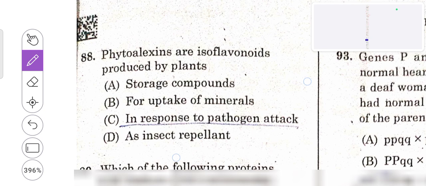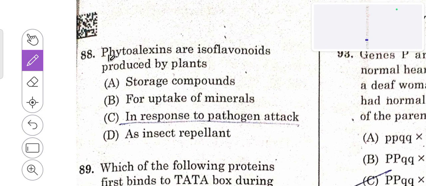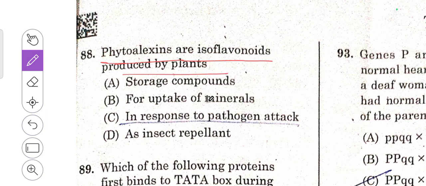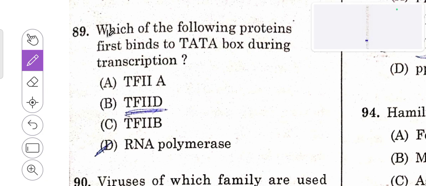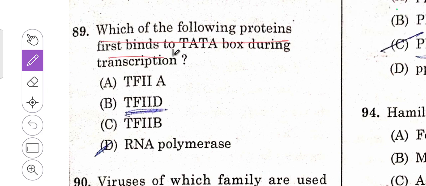The next question, 88th question. Phytoalexins are isoflavonoids produced by plants in response to pathogen attack. Which of the following proteins first binds to TATA box during the transcription?